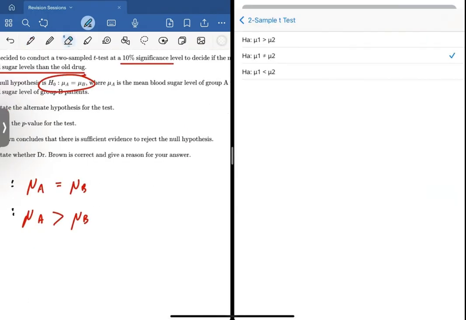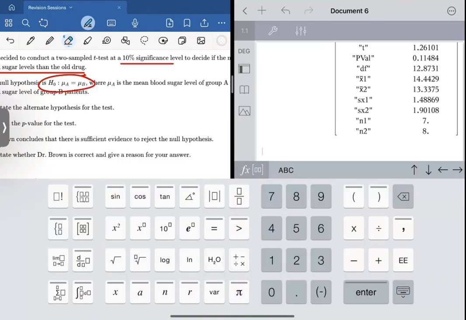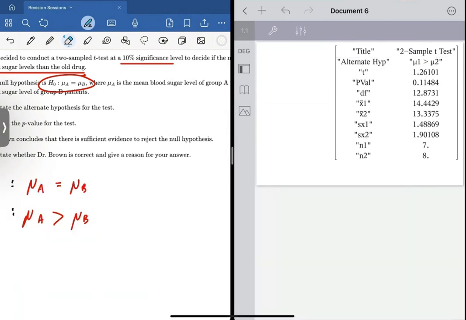I believe that the new group is going to have a lower mean than the first group, and then I can hit OK. Let's get that p-value. Okay, so my p-value is 0.115 to 3 significant figures.